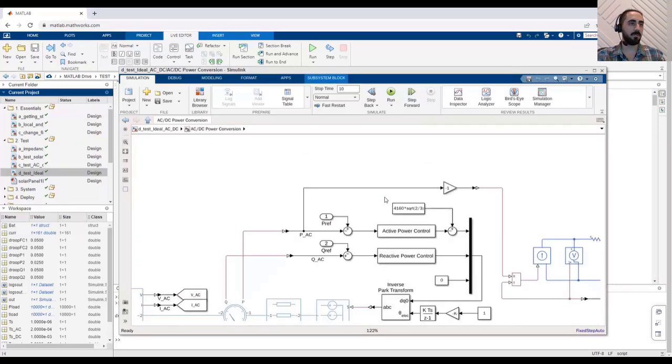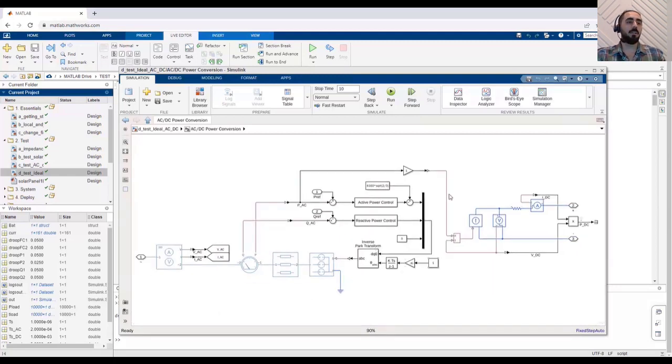We have the power converter in between. If you look under that system, we have two separate networks using Simulink, interconnected networks like the previous example, but a little bit more complicated than the previous one.